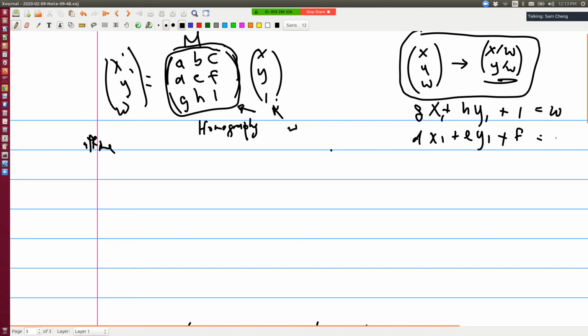So if we say this is equal to y1 pi here, and let's say if I write down a x1 plus b y1 plus c is equal to x1 pi here. So this is not mapping the real coordinates there, right?